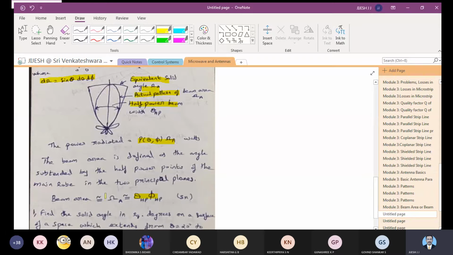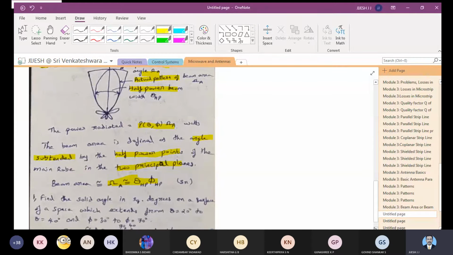You will not get the exact value, you will get an approximate value for omega A, that is, omega A equals theta half power times phi half power.